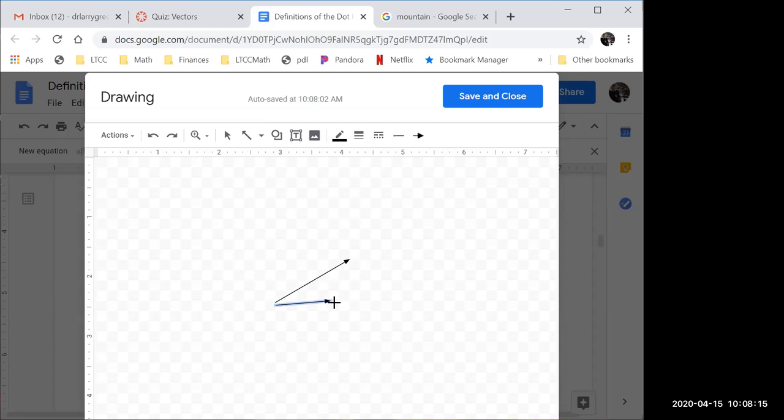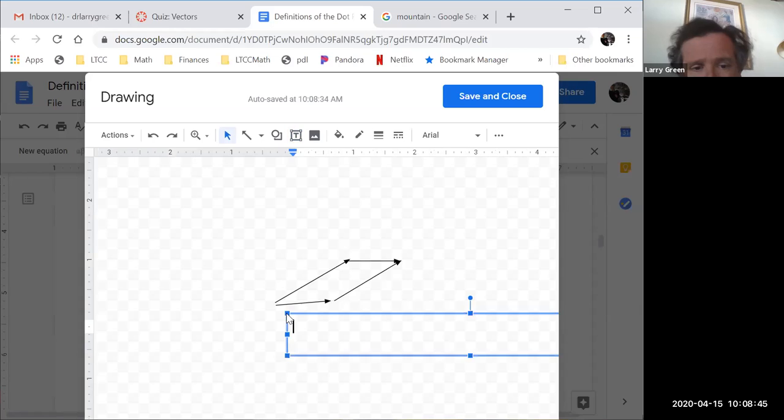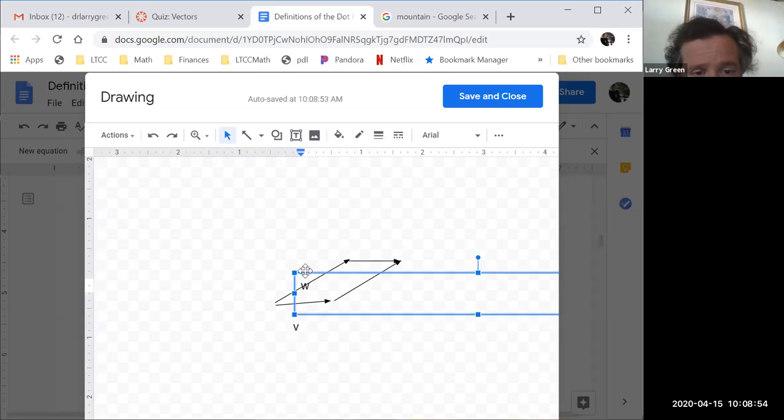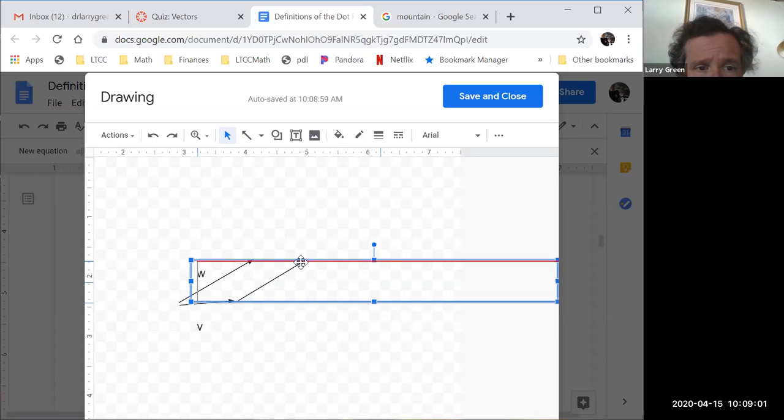So I look at V plus W. That's better. Okay, so if I take the area of this parallelogram, that's the magnitude of V cross W.